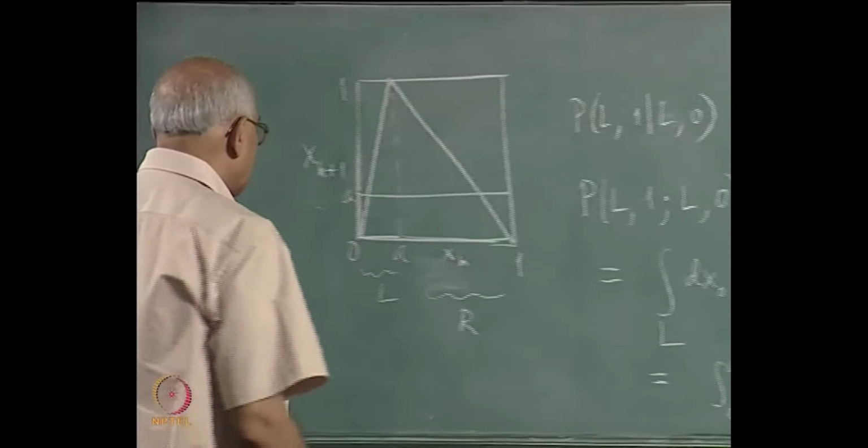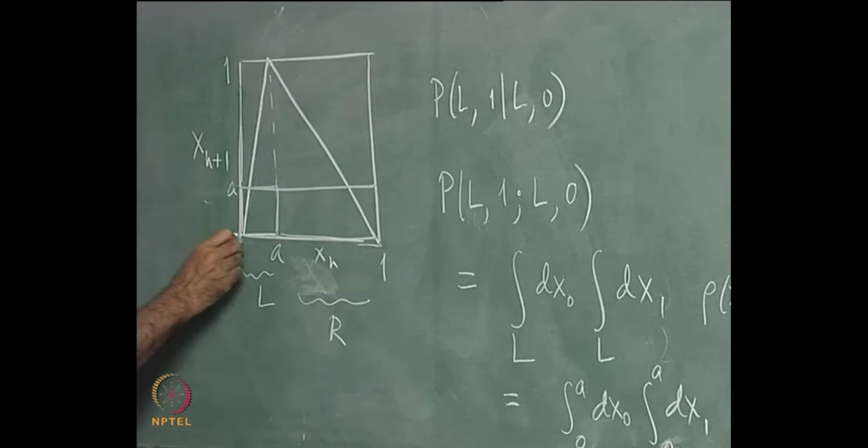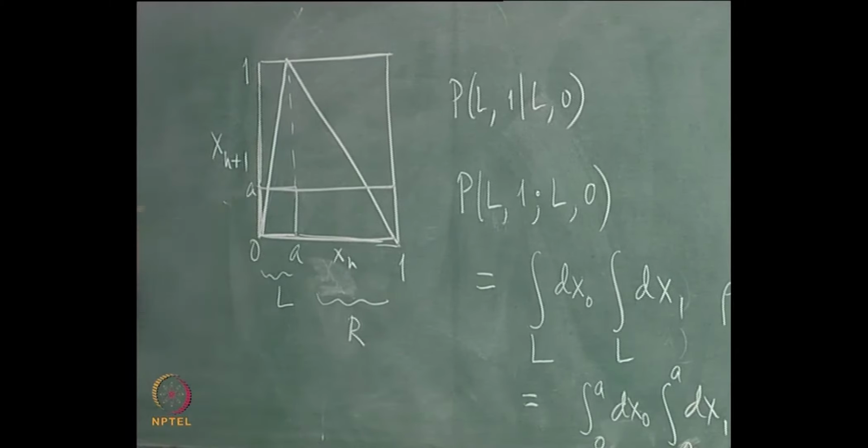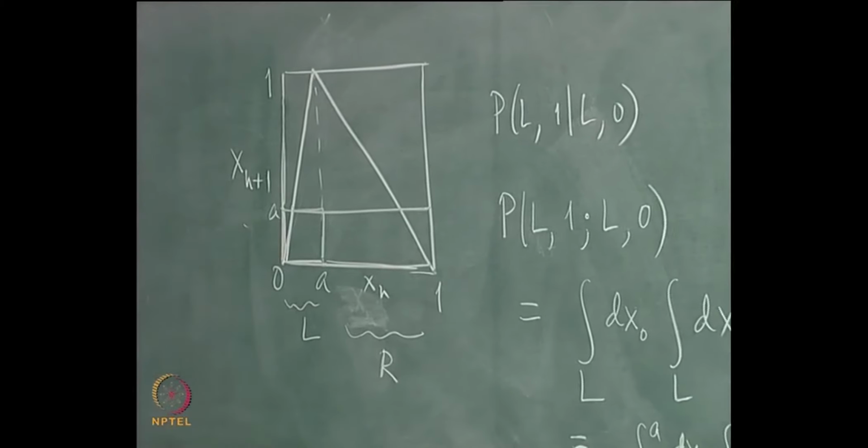And when will that happen? Here is the region of integration, this square, and here is the delta function constraint which tells you that x1 is f of x naught. So what is the value of this integral?